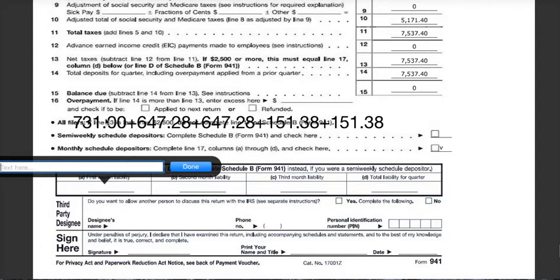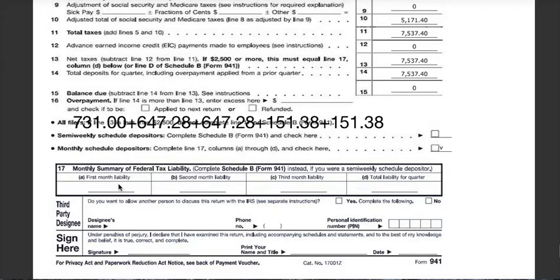So as you can see, I did one of the income tax withheld, two of the Social Security tax withheld given to me on page 382, and two of the Medicare tax withheld. That gives me a first month liability of $2328.32.